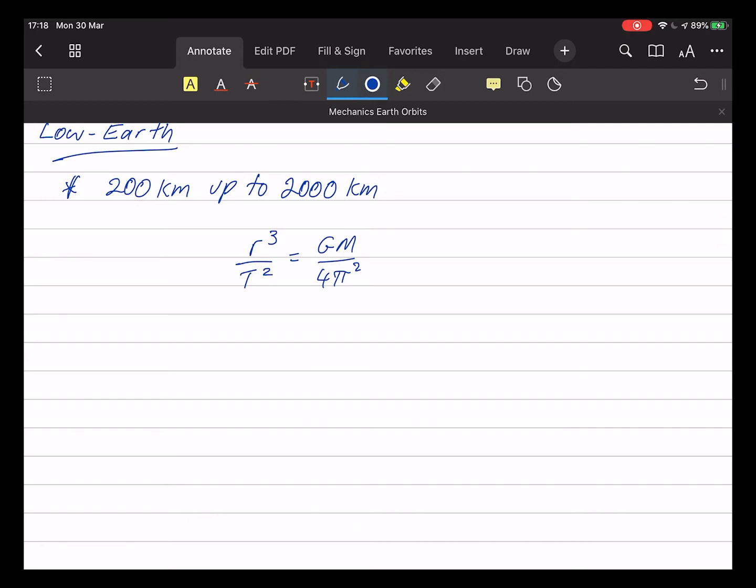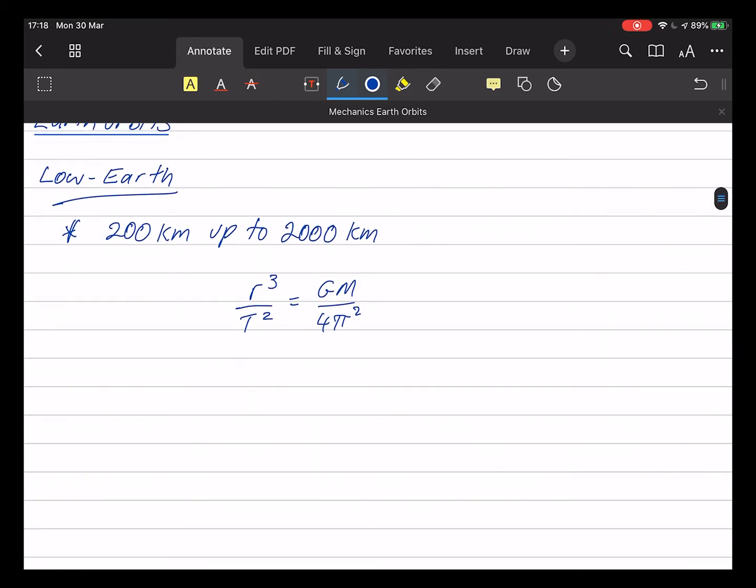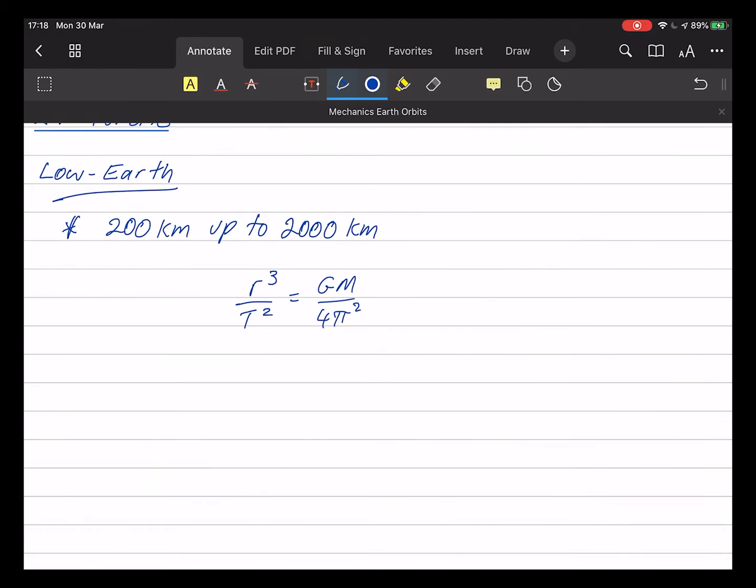Let's see. All right, so before we can do any of this, we're going to need some of our stats. So we've got G, 6.67 by 10 to the minus 11, and not that we need to be terribly familiar with the units, although you could be asked to work them out.